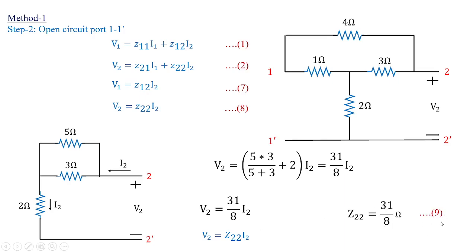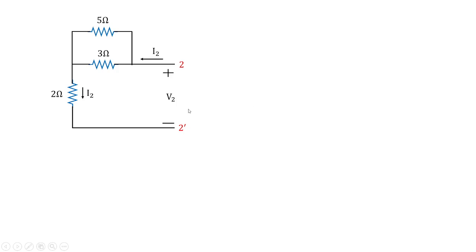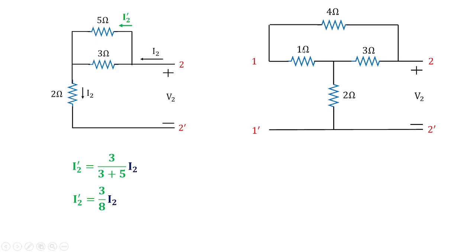Let us treat this equation as 9, and then we are going to inspect the current which is flowing in 5 ohms. In fact, the current which is flowing in 4 in series with 1 ohm is nothing but 3 by 8 I2. This we have obtained with the help of the current division rule. Now once this I2 dash starts flowing through 4 and 1, it develops a potential across 4 and 1, which is shown by this sign convention.